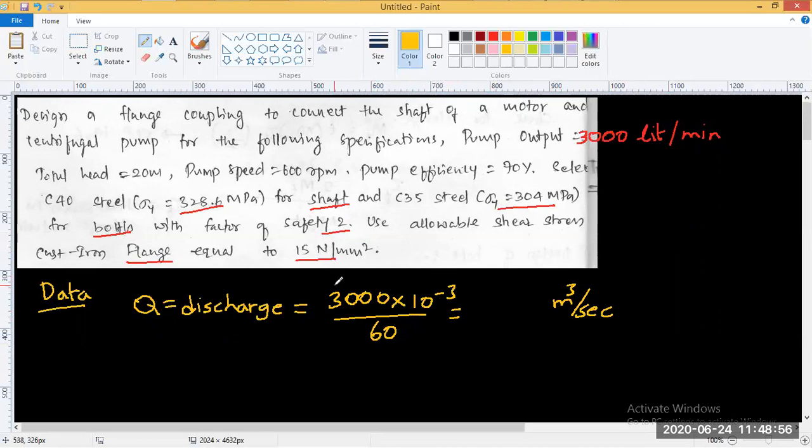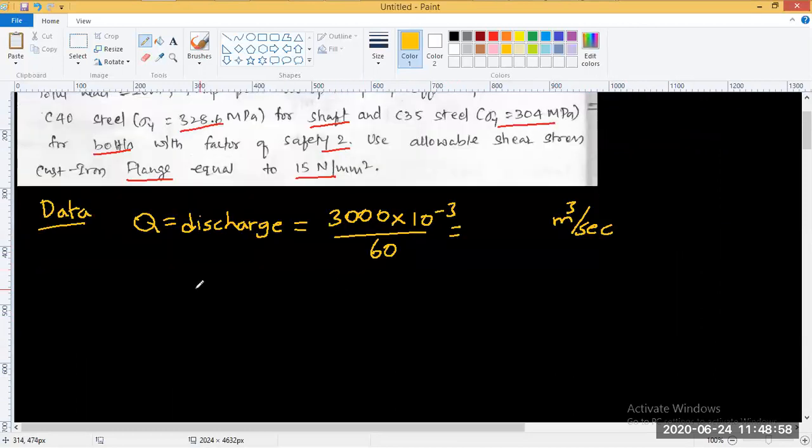That is one data. Then capital H is for head, which is given as 20 meters. And we have N as RPM, small n sometimes, 600 RPM.